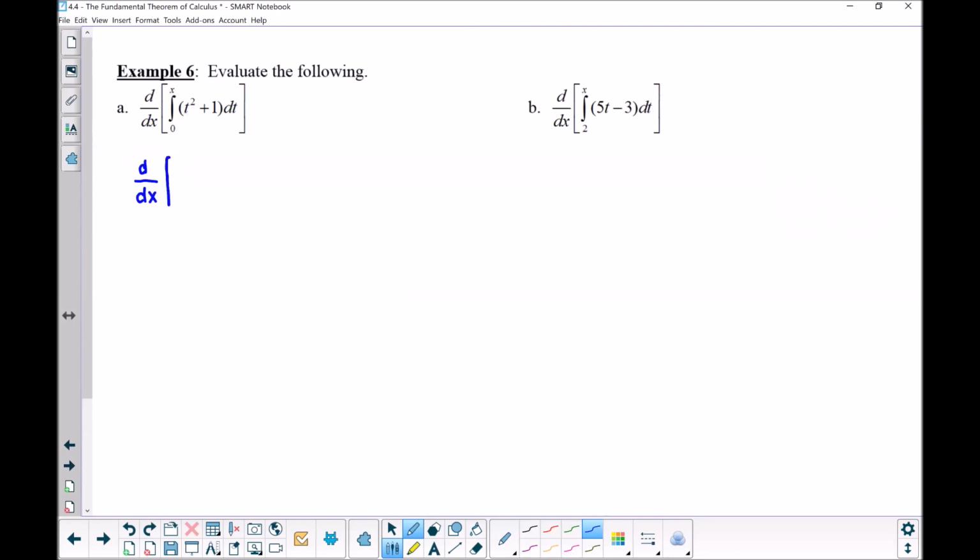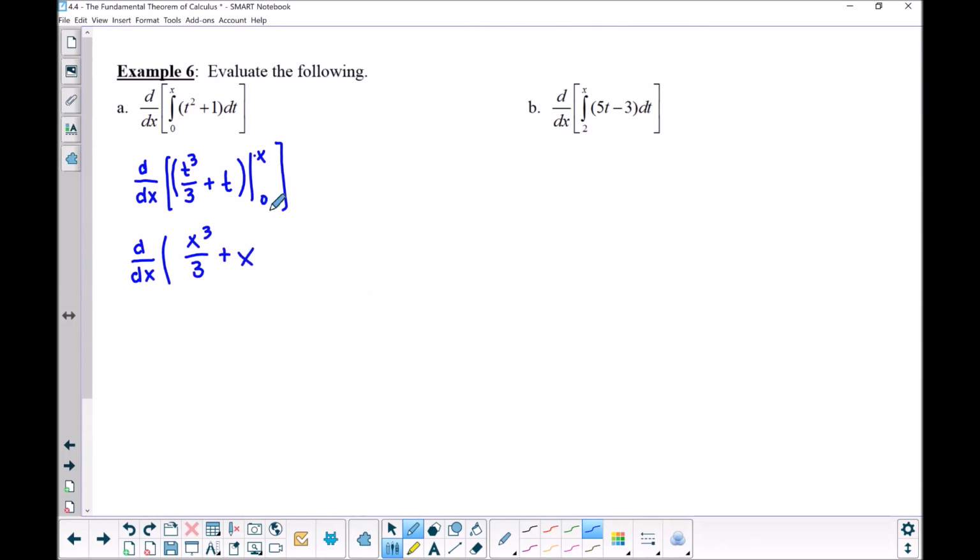If we were to take this integration, t squared plus 1, we would get t cubed over 3 plus t, and we would have to evaluate that from x down to 0, right? And then we'll worry about taking the derivative later. So meanwhile, this derivative is sitting and waiting very patiently. We replace the t's with x's.